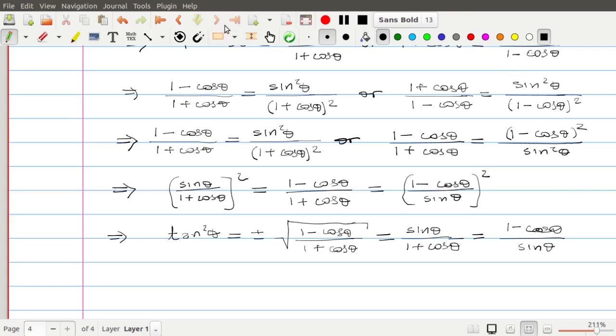So this is the final formula that we can box.